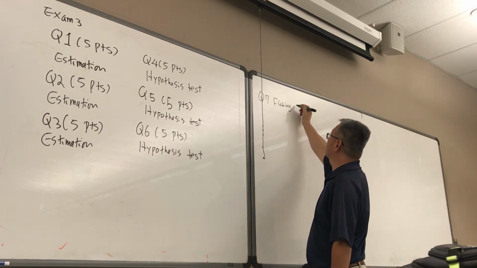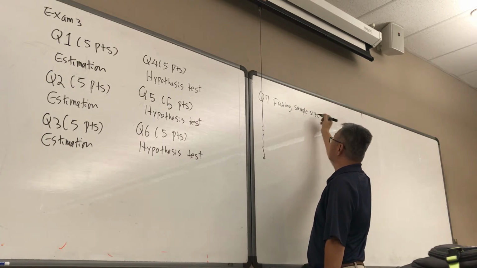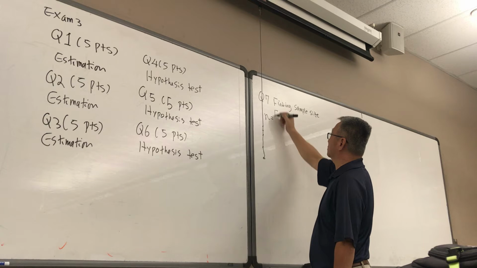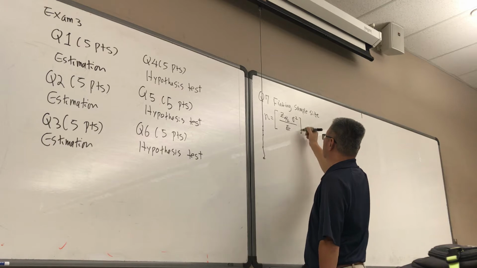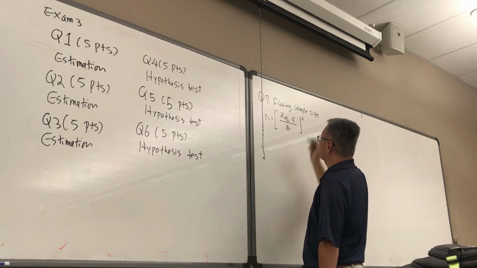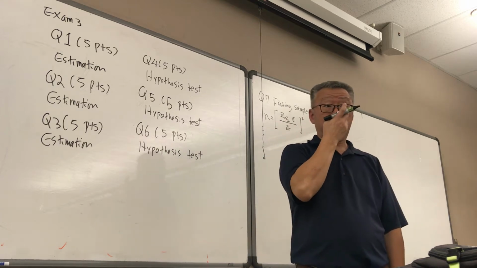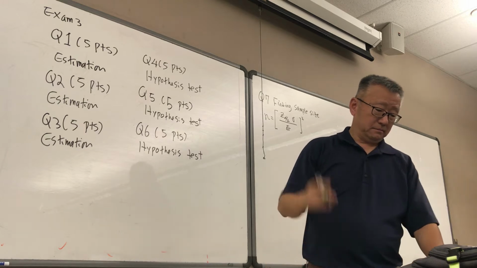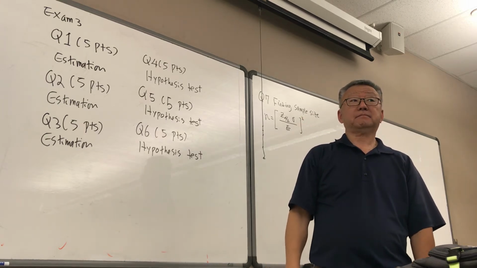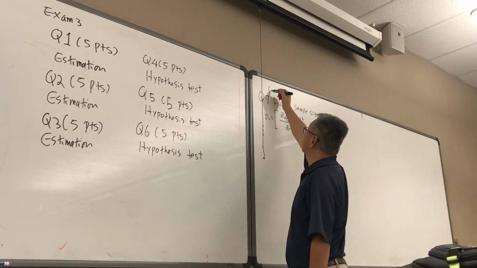So you will have to use the formula n is equal to z alpha over 2 times sigma, squared, over margin of error, squared. This is the video that we watched about the sample size for the monkey experiments. It's the same thing. So this is 3 points.